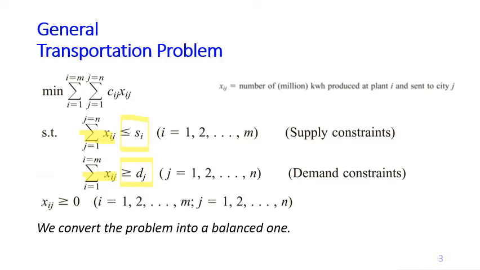So it does not have to be exactly equal generally. In this case, we have a general transportation problem, and this is kind of harder to solve. That's why we are always going to convert this kind of problem into a balanced transportation problem. Next, we are going to see how we can convert a general transportation problem into a balanced transportation problem.